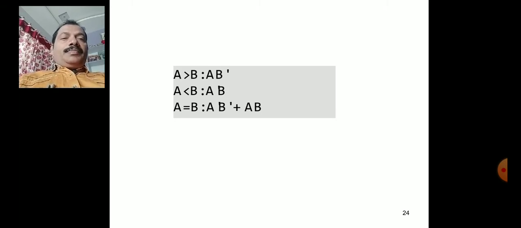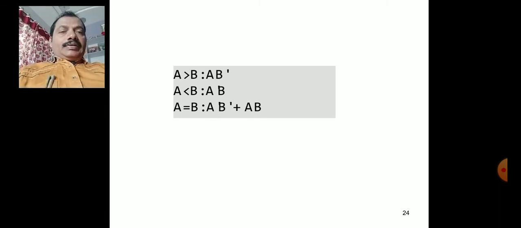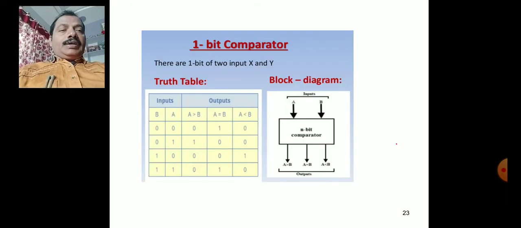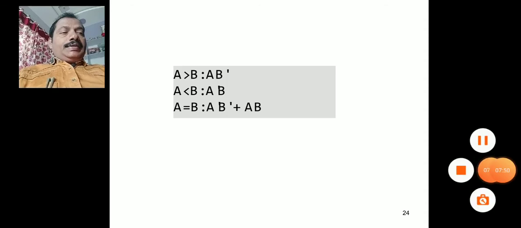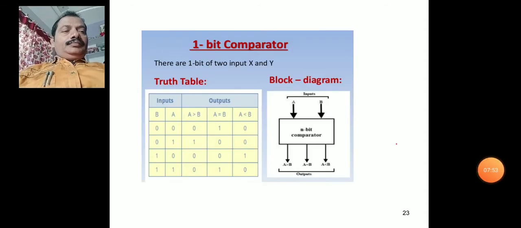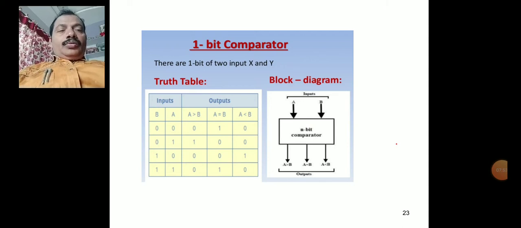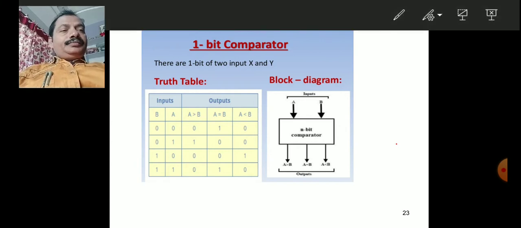Observe here, for A greater than B, the output is 1 here only.